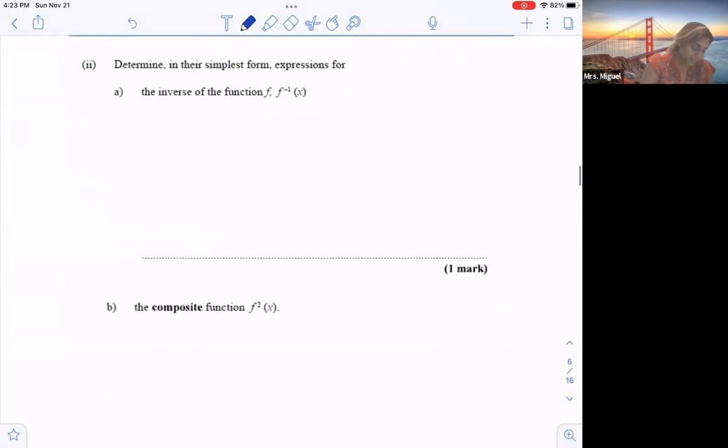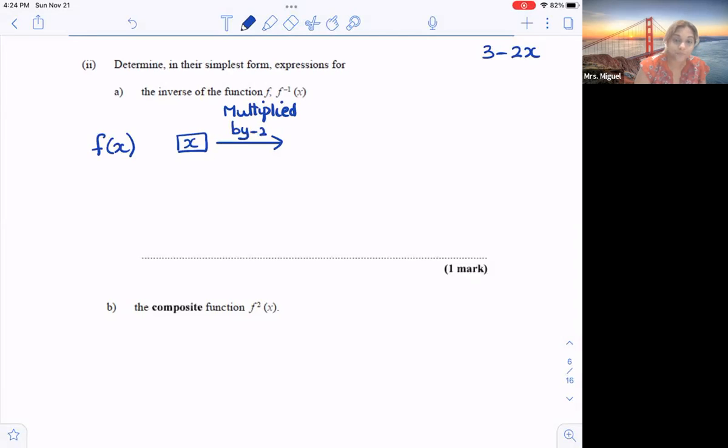So f of x. We start off with x. X multiplied by -2 is going to give me -2x.